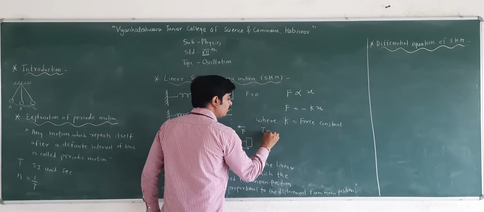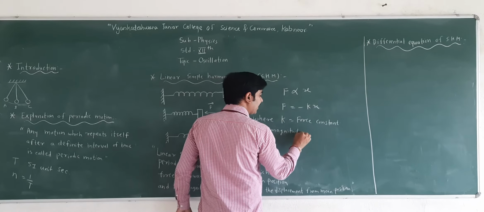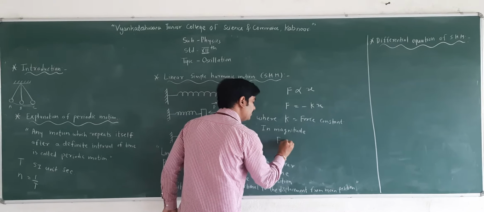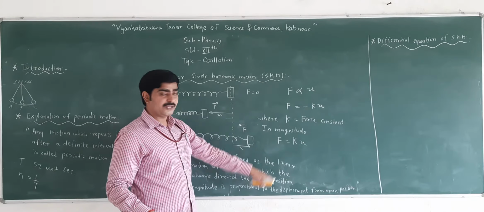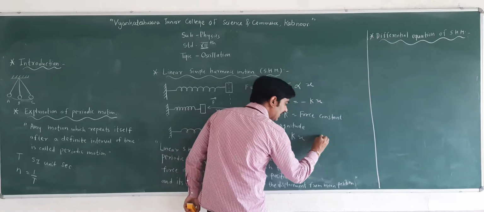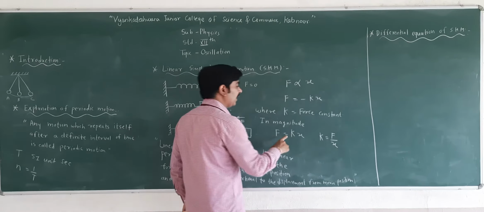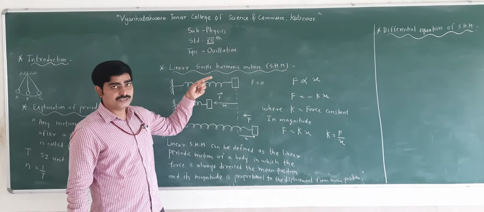Now in magnitude form, when we are taking the magnitude, at that time we should remove the negative sign. F is equal to k into x. Force is equal to kx, and what is the value of k? k is equal to F upon x, where k is known as the force constant. So again I am going to explain this equation.